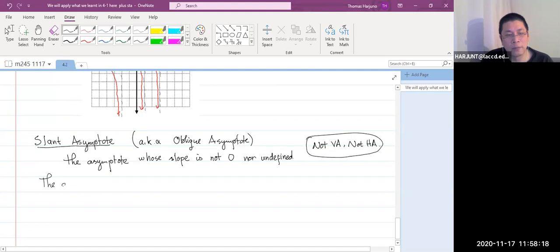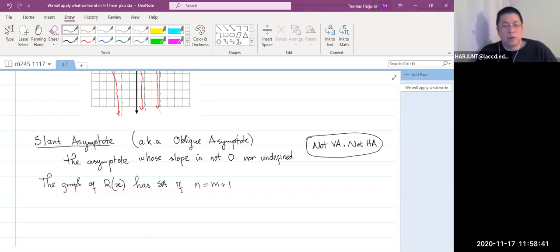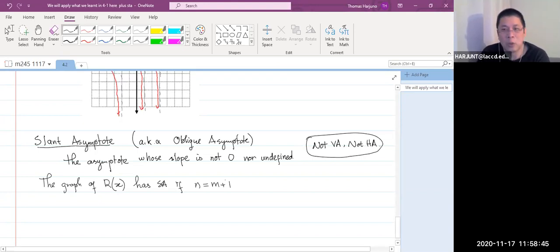The graph of a rational function has a slant asymptote if the degree on the top is exactly one more than the degree at the bottom. If the degree of the numerator, n, is one more than the degree of the denominator, m.